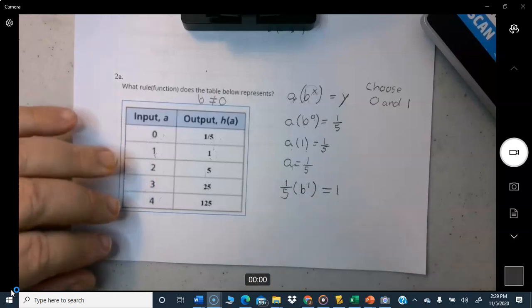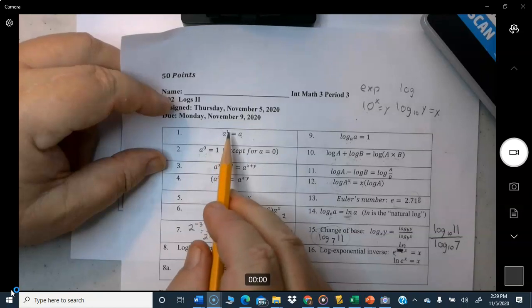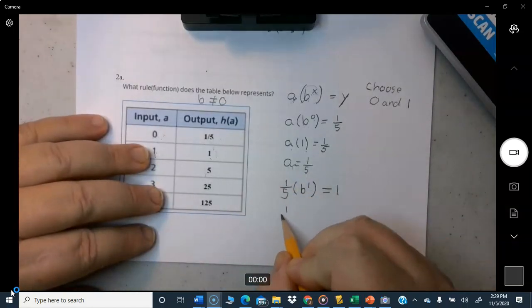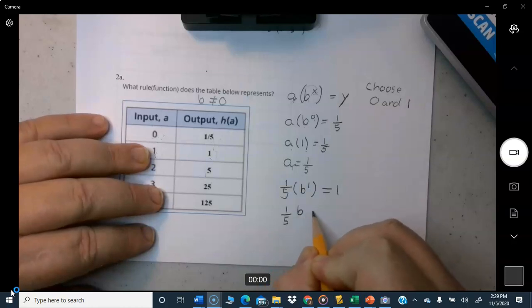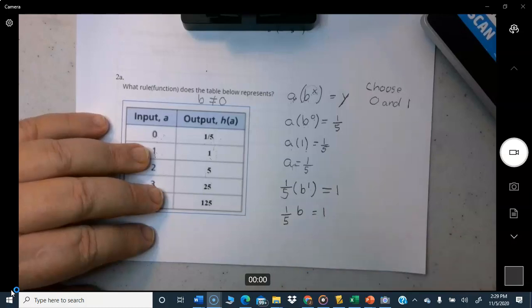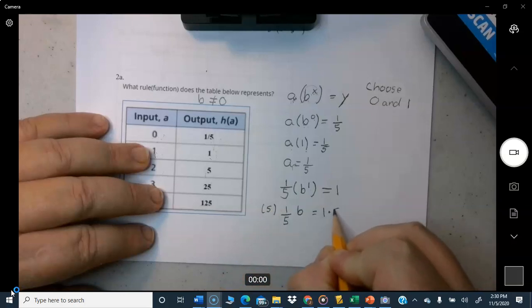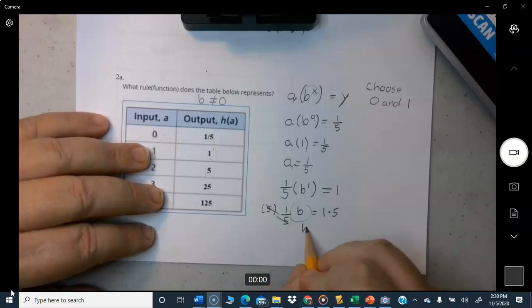Well, b to the first equals just b, right? That's rule number 1: anything raised to the first power equals itself. So what we have is 1/5 b equals 1. And so what we can simply do is multiply both sides by 5. And 5 cancels with 5, so all we have left is b. So b equals 5.